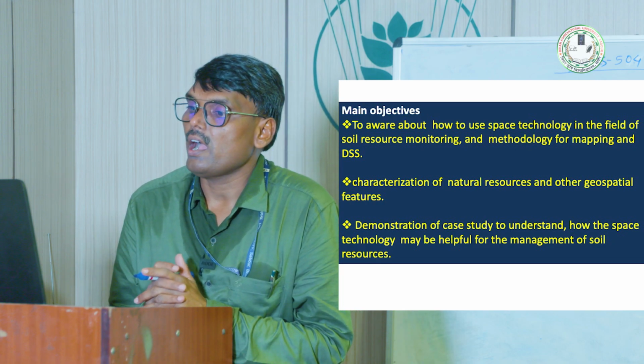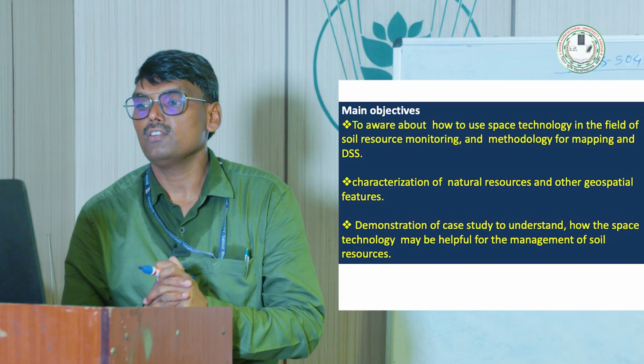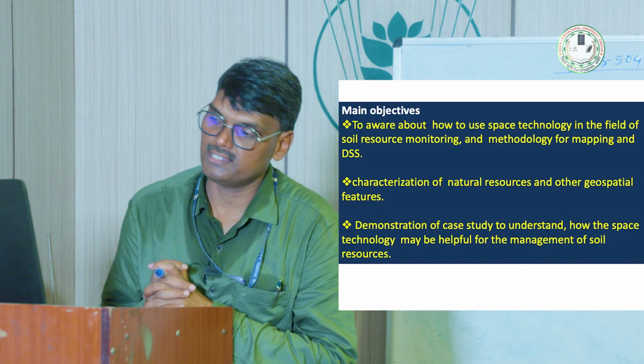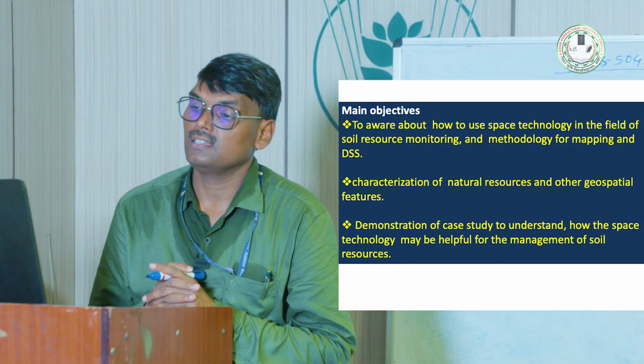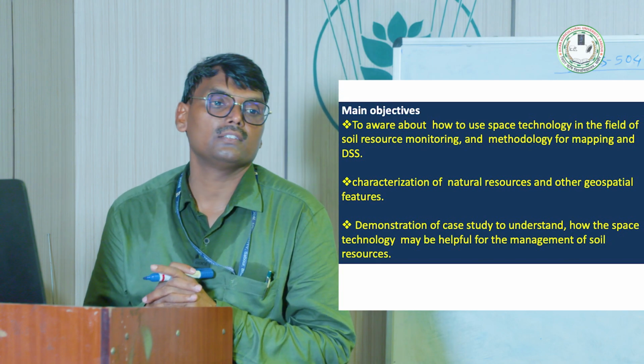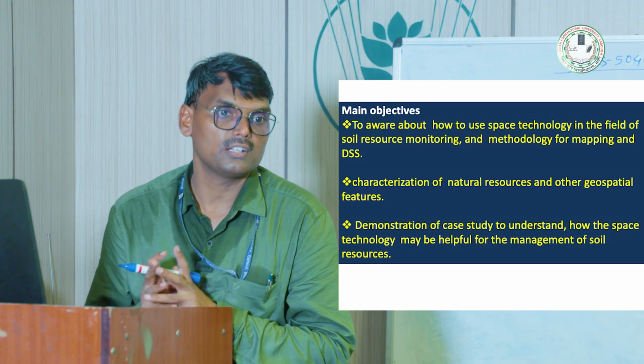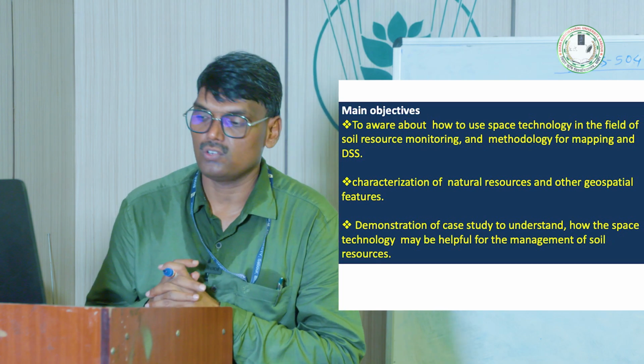Second one, what are the applications involved under remote sensing and GIS techniques, so that we can characterize the natural resources and trace out whatever geospatial features are on the earth surface.